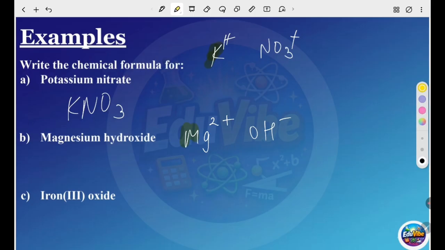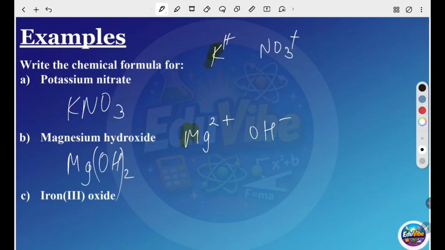So we get Mg, and we have 2 hydroxide groups, that is 2 of O and H, so we have to put brackets over this, and then put the 2. This is magnesium hydroxide.